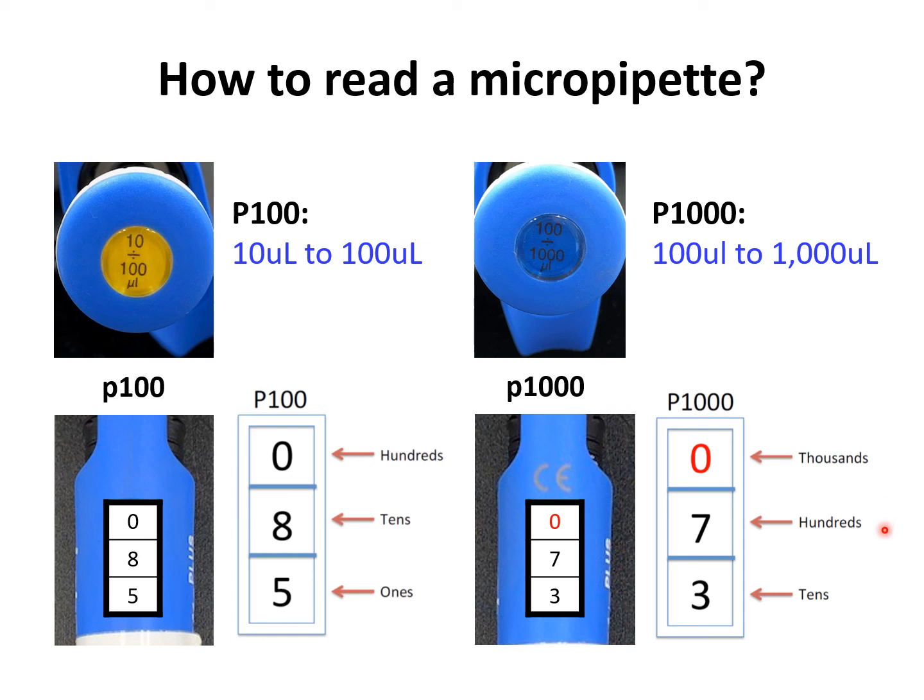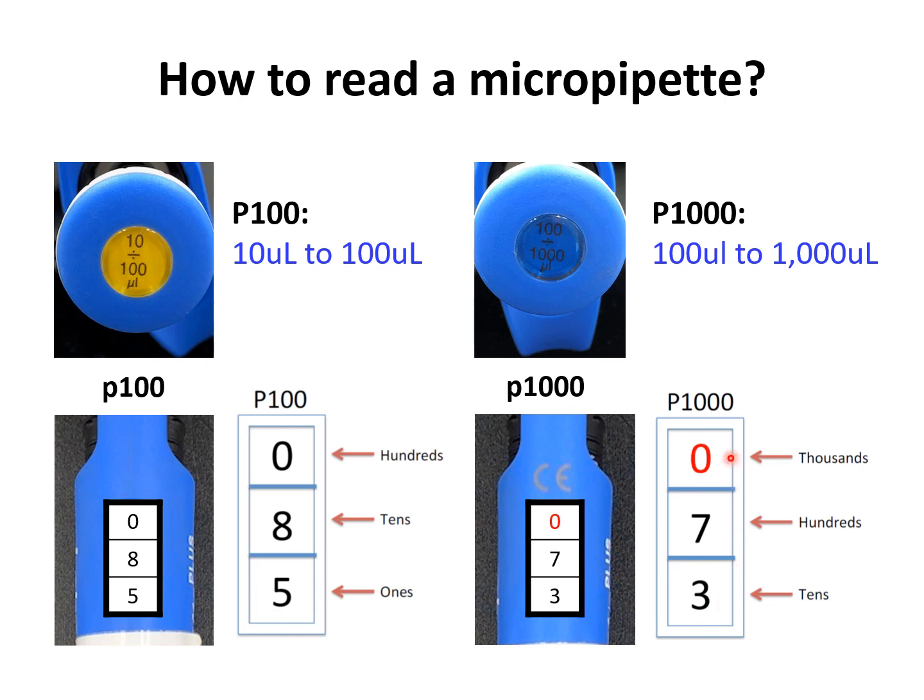The second will represent the hundreds. The last box will represent the tens. And so if I go ahead and set my P1000 to 073, would that be 73 microliters? No, that would be 730 microliters.